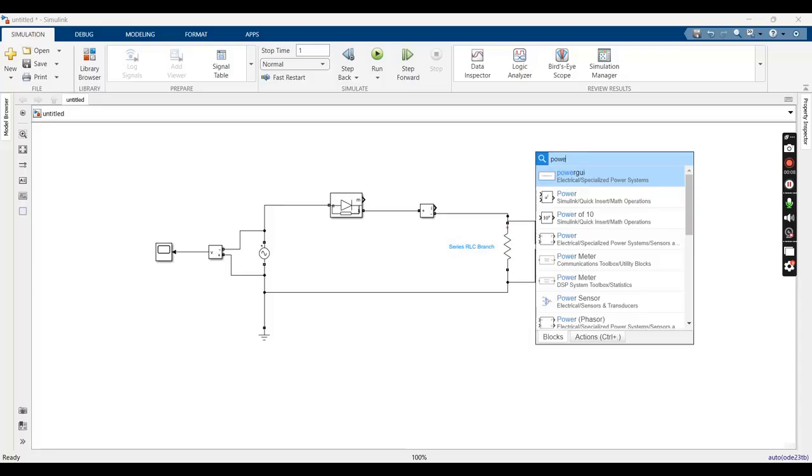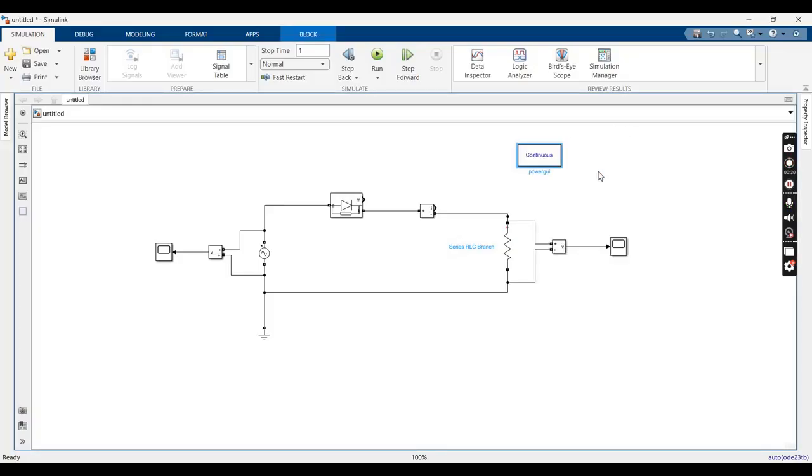Power GUI. This is the most important block. It must be present in your model to initialize the solver for power system simulations.